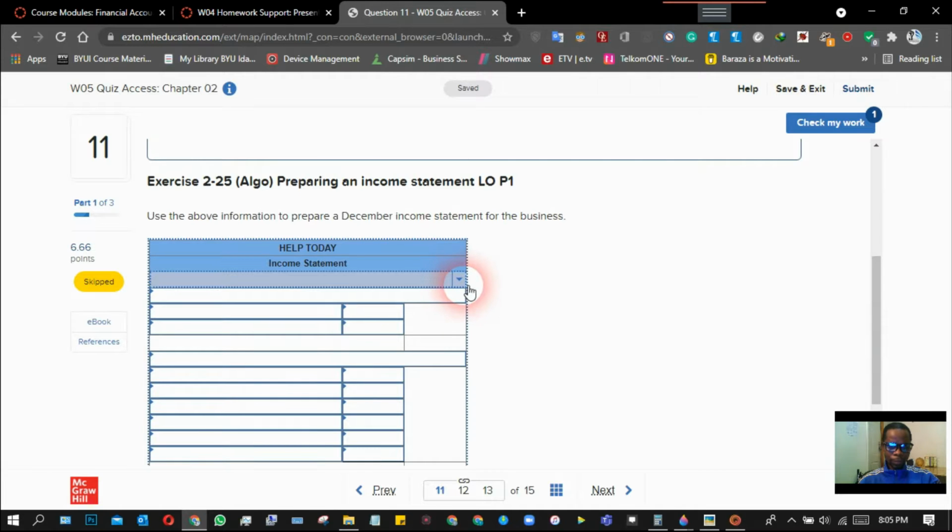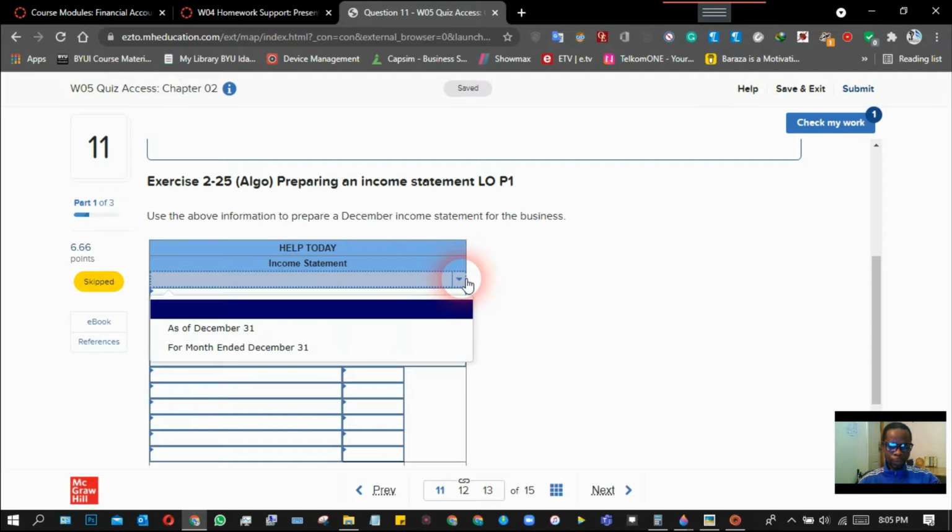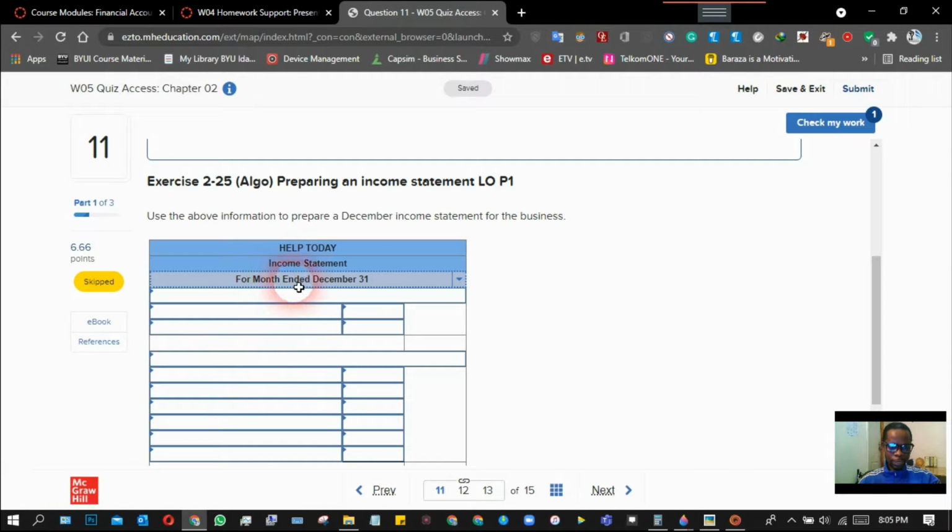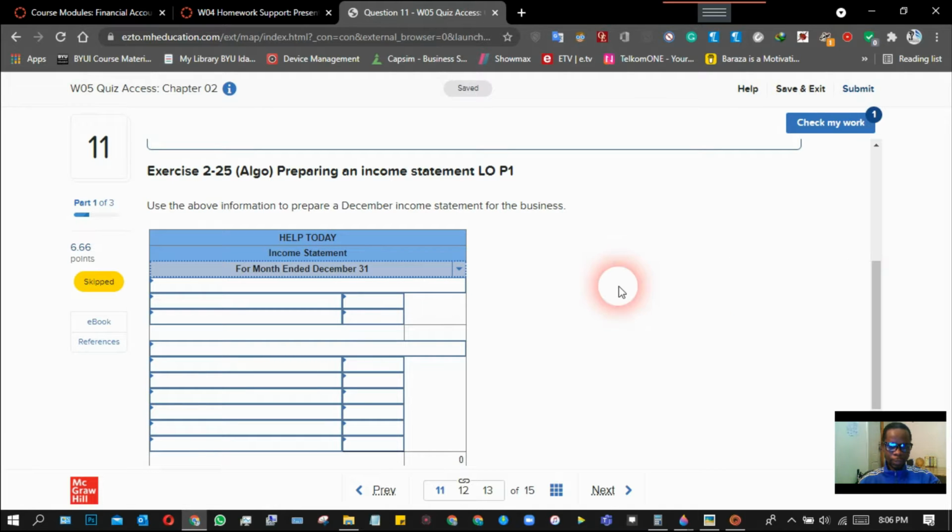The income statement is for a period between December 1st and December 31st, so we say it's for the month ended December 31st.